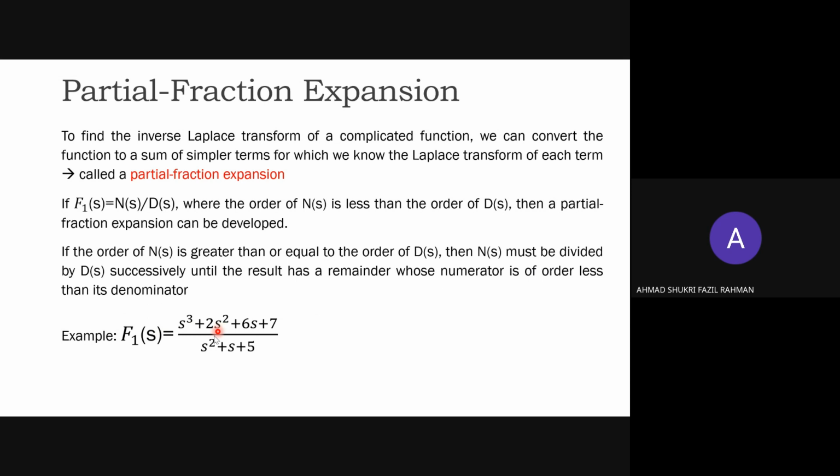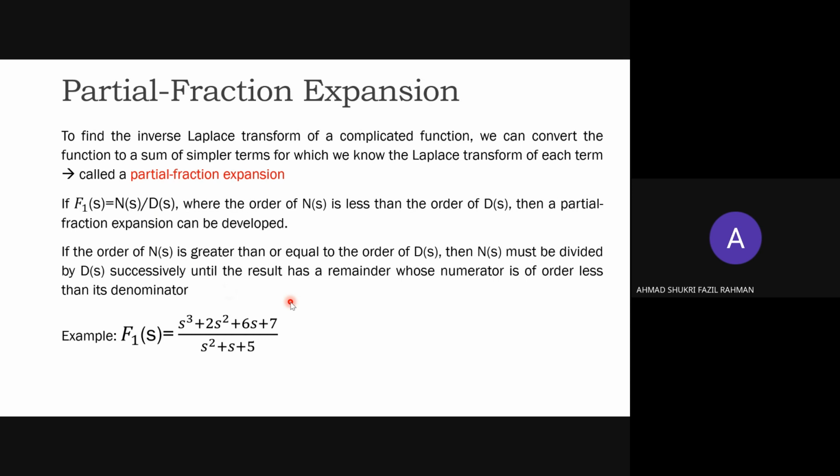We divide the numerator by D(s) until the order of the numerator becomes smaller than the denominator. Once you have completed that, you can move on to developing the partial fraction expansion.